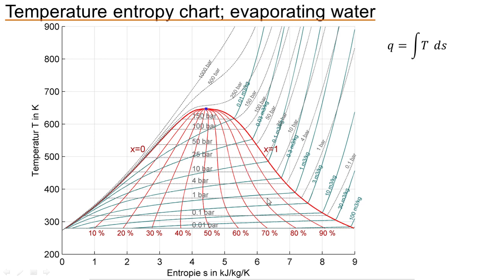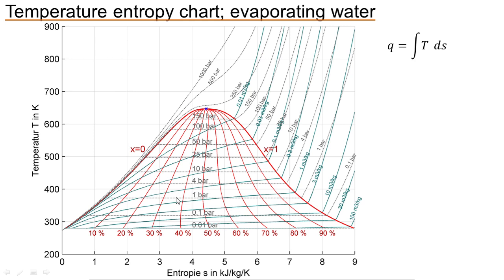So another basic thing I want to show you is if you heat up water in a pot on your oven. You can just imagine, you can also do that. You can put water in a pot, put it on your oven and turn on the oven. Then you will heat up the water. If you put a thermometer into this, you will see that it takes some time and the water will reach 100 degrees Celsius. If you want to show this in this diagram, you have to know that heating up water in a pot on your oven is at environment pressure.